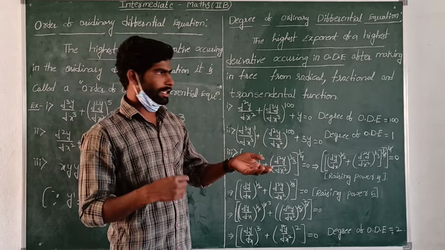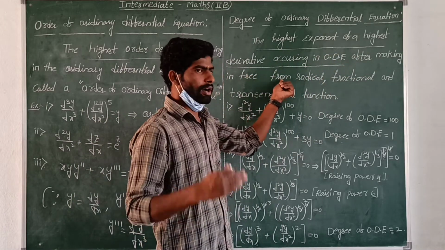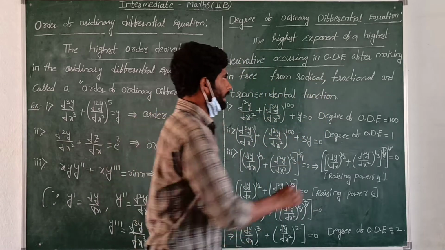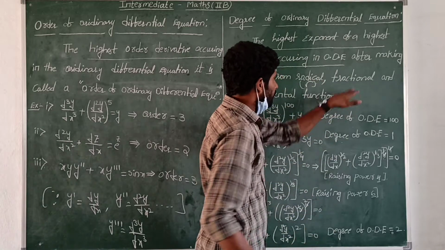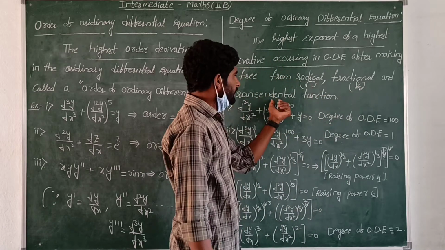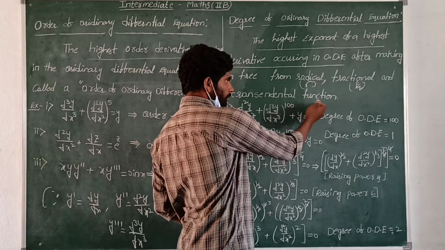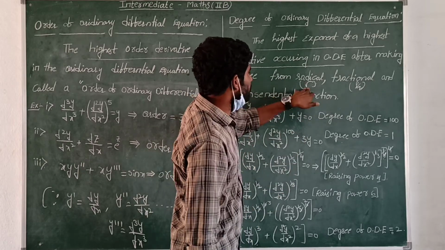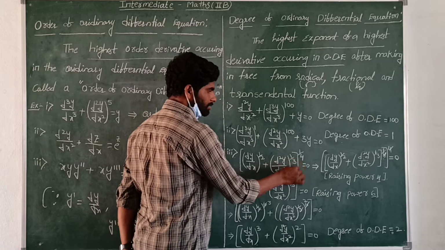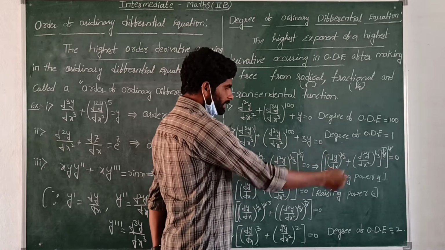Already we said we must make it free from radicals, that is roots, fractions of the form p by q, and transcendental, that is inverse-type functions. Here 1 by 2, 1 by 3 and 1 by 4 are all fractional, so I am erasing these fractions.